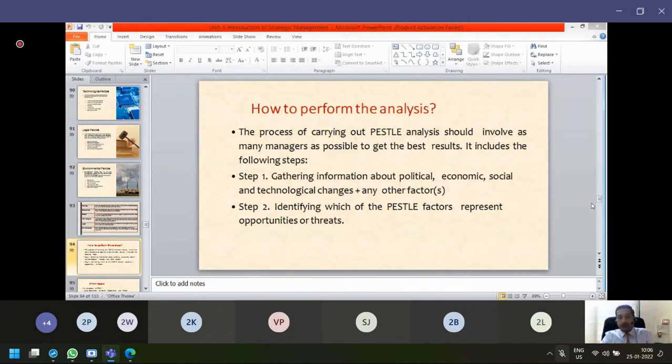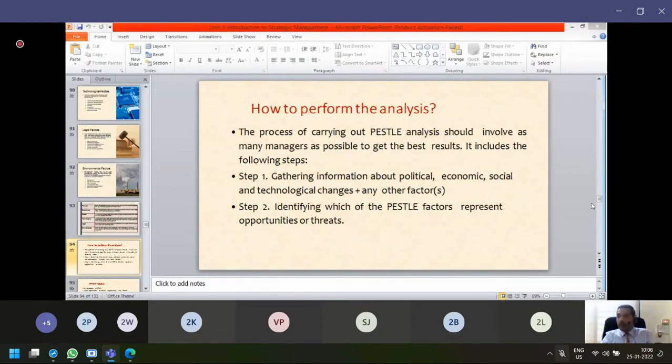So gathering the information about all these factors, that is political, economical, social, technological changes, and any other factors, legal, environmental, all those factors, we'll have to get information from different sources. Those sources may be different journals, newspapers, internet, websites, and then identifying which of the PESTLE factors represent opportunities or threats.